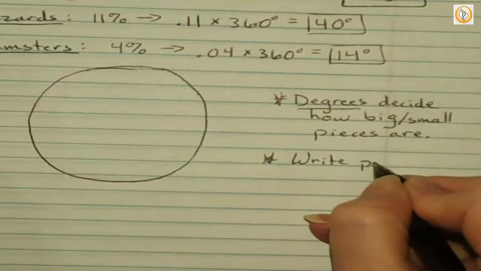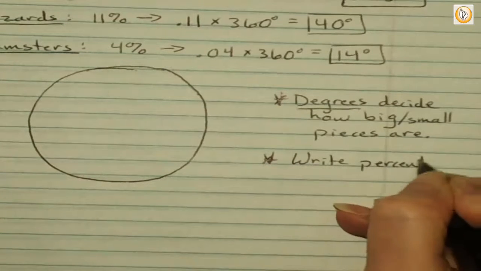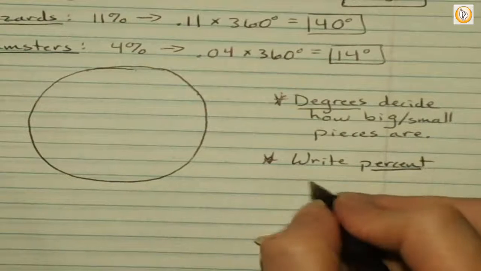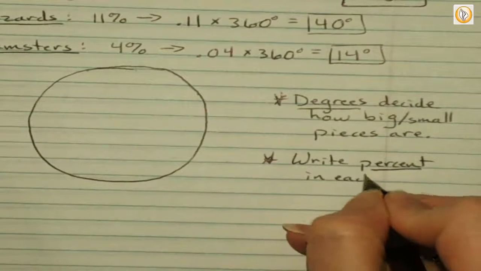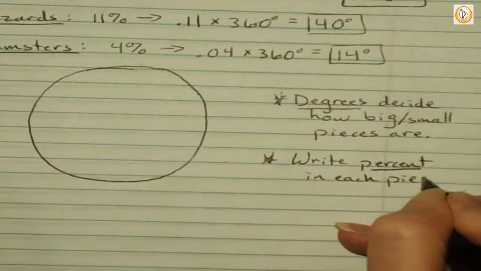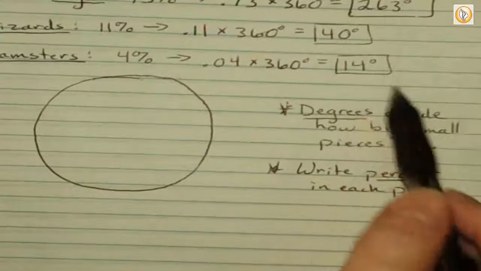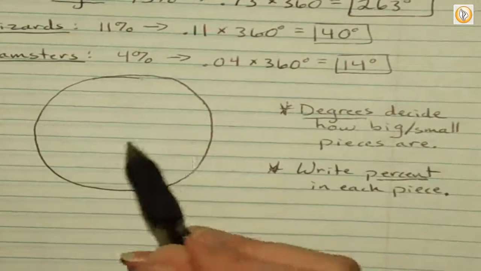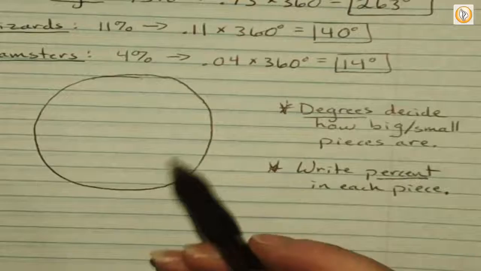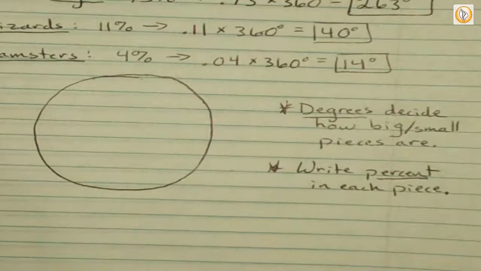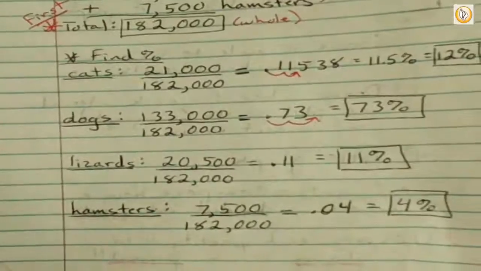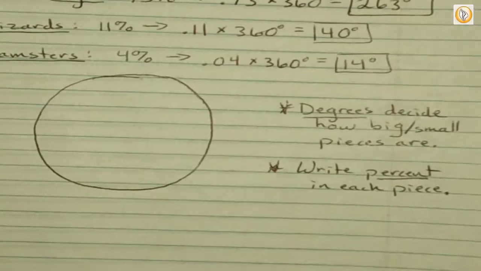Write the percent in each piece. So your degrees that we just figured out depend on how big we're going to make our pie pieces. The percents that we did right here, that's what you're writing in each slot.